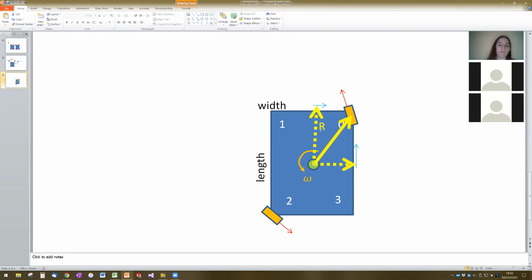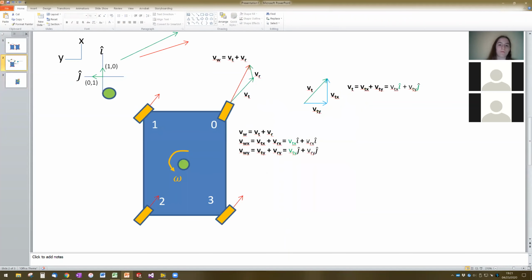And the y component of the tangential velocity is equal to the product of the angular velocity times the perpendicular distance in the x direction. So let me write that out for you.